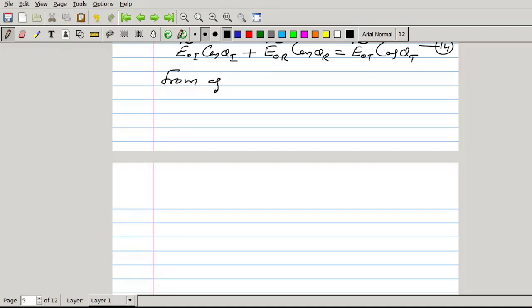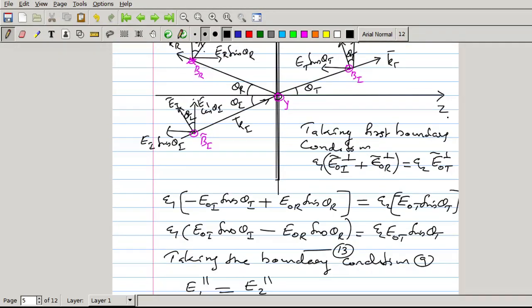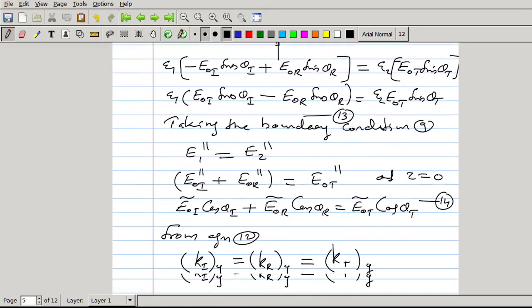All these y components are the same. If these y components are the same, then take the y component of ki. Ki is along this direction. If I take its y component, this angle will be theta I.